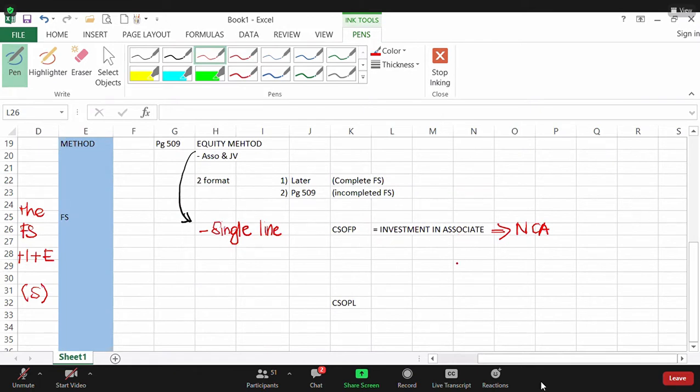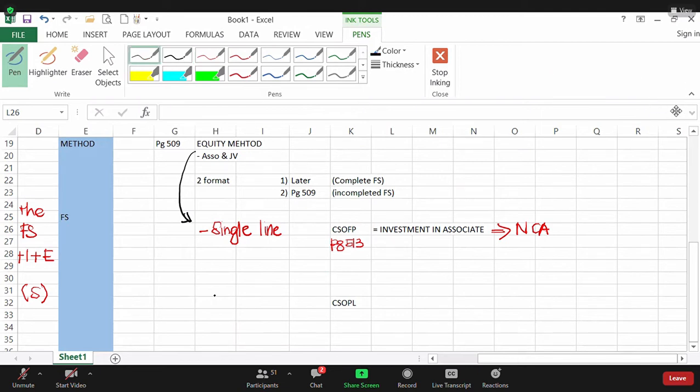Now, talking about preparing SOFP, we go to page 513, 14.7. So when I say single line, are you ready? Do you have page 513? Shahira, can you please read 14.7, the first line?